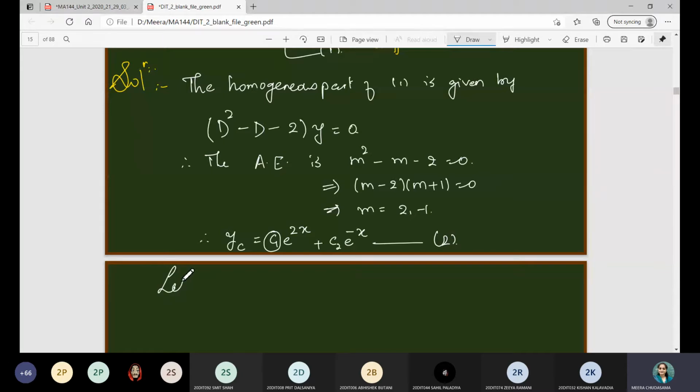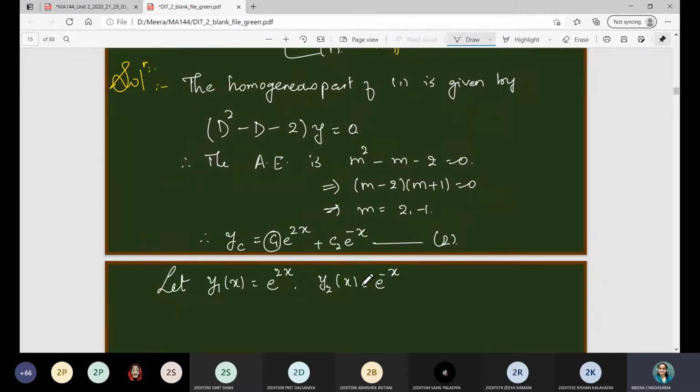After that, we will consider two functions from the complementary function, that is y1 of x equal to e raised to 2x and y2 of x equal to e raised to minus x. Now we are going to choose the particular integral from the right hand side function we are given.